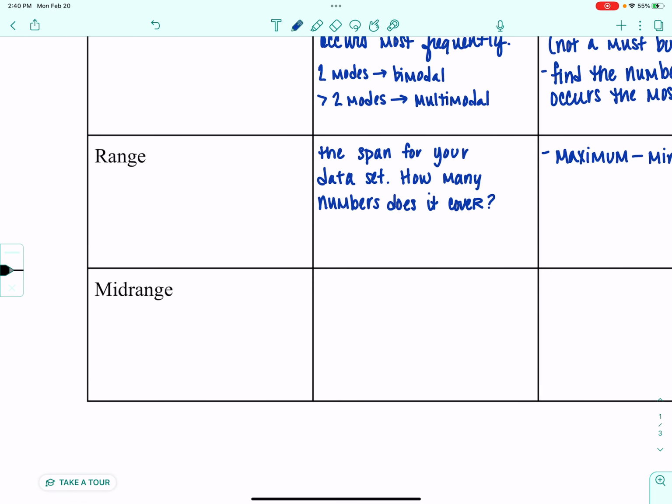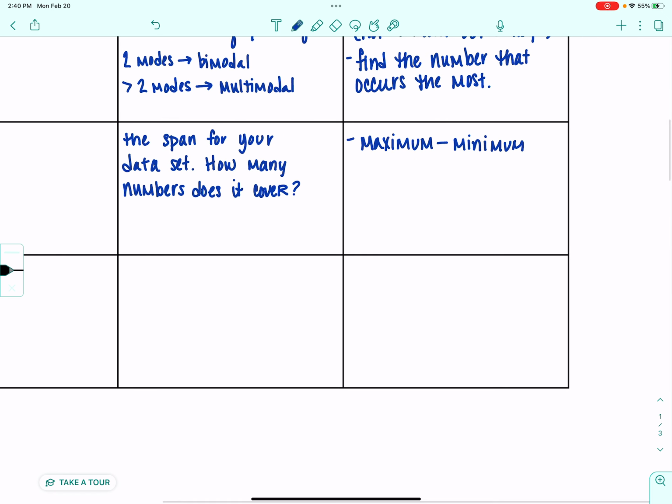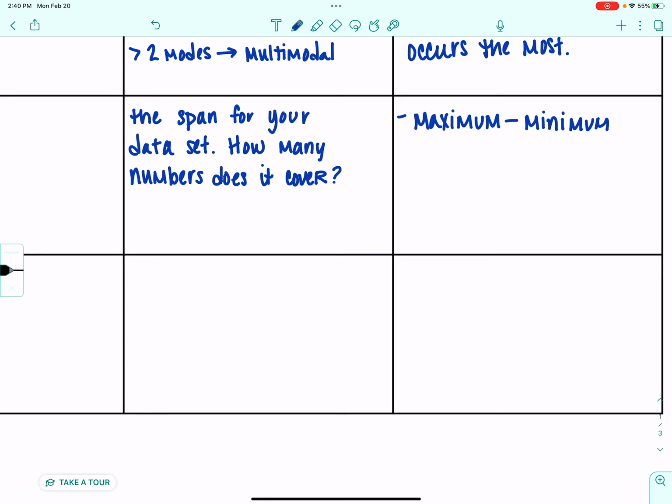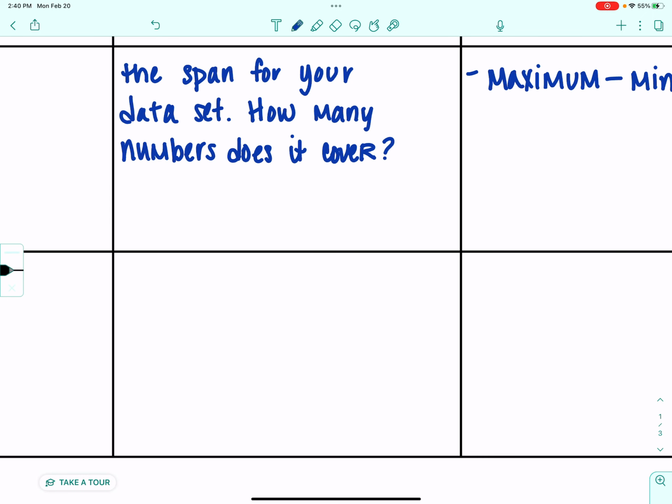The last one is the mid-range. The mid-range finds the middle of your span, or of the range.